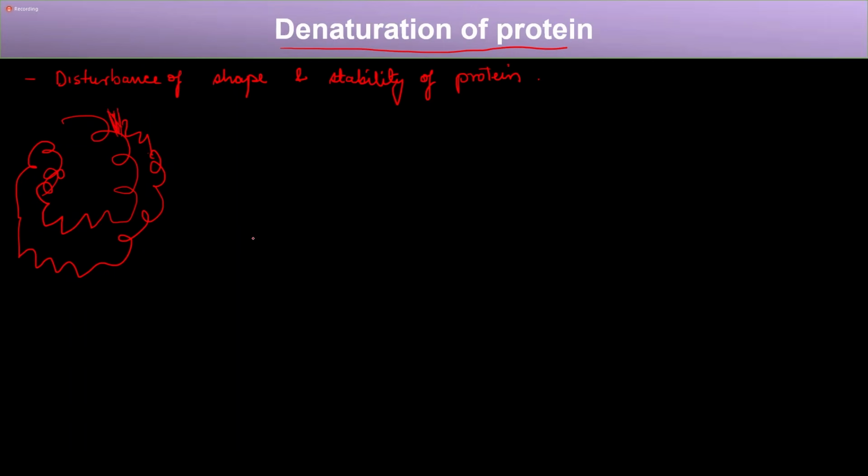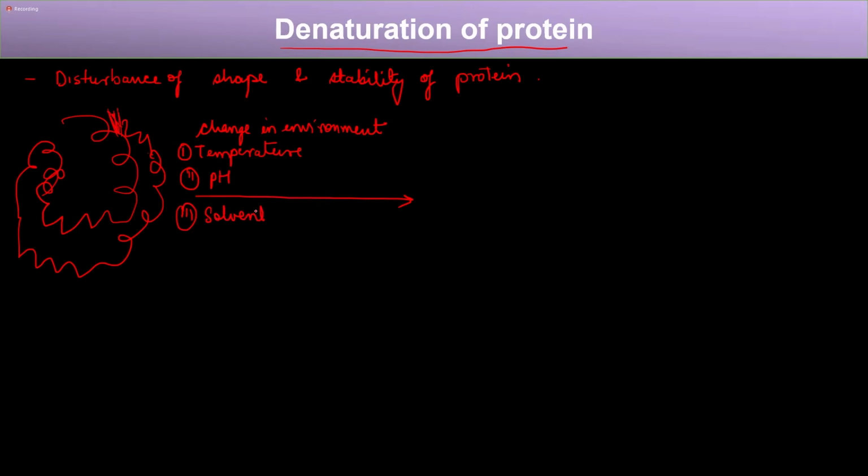Now, suppose this protein is kept in an environment that changed. By change in environment, I mean suppose there is a change in temperature, suppose there is a change in pH, suppose there is a change in the solvent or the solution around this protein.